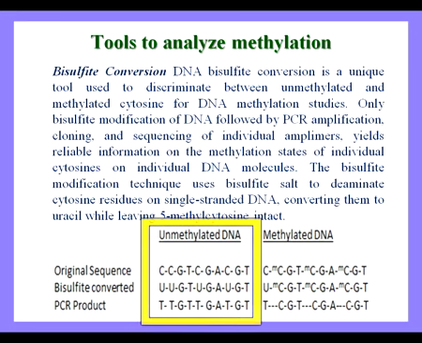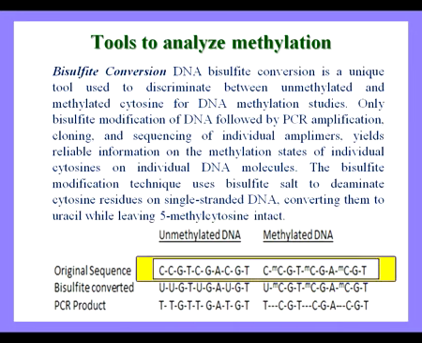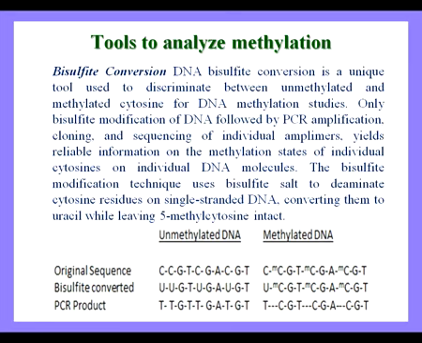You see here it is unmethylated DNA, methylated DNA. Original sequence is this, where the C, not all C, but this C, because of the CpG island, it is methylated, CpG, methylated, CpG, methylated here.